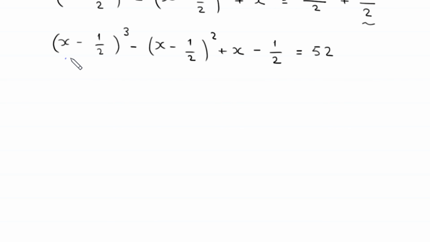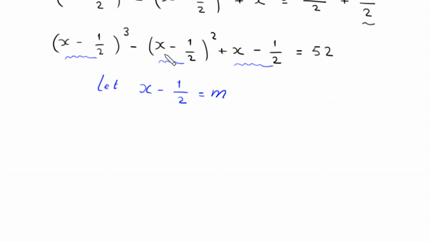Now here we have x - 1/2, here we have x - 1/2, and here we have x - 1/2. So we suppose that x - 1/2 is equal to m.